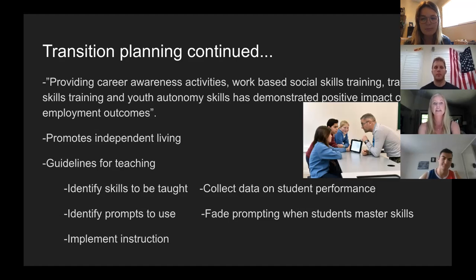And in order to do this, we can identify skills that need to be taught, and then identify prompts to use, and then implement this instruction for the student. And then one of the most important things we can do is collect data on the student performance in order to make sure that they're prepared.